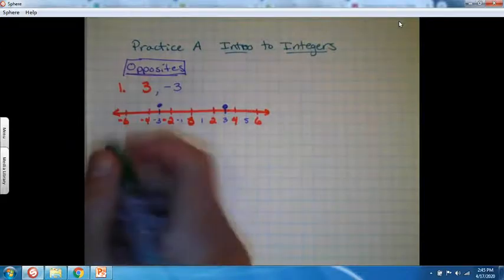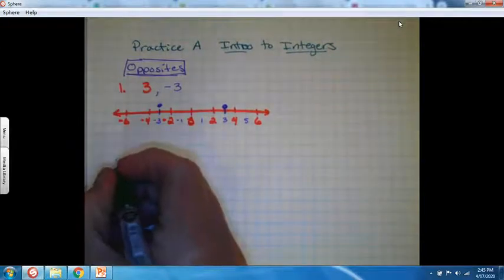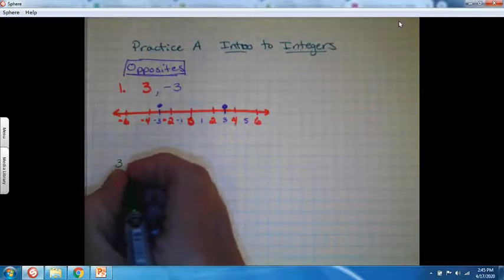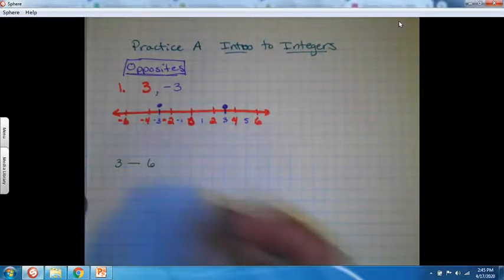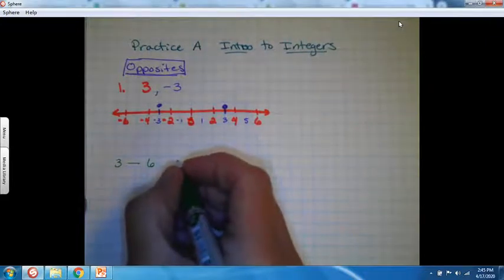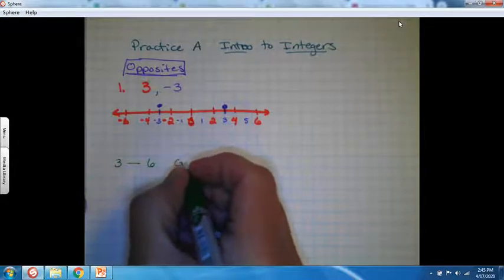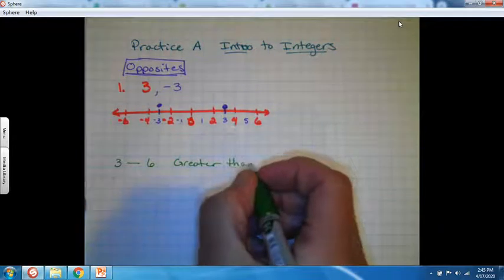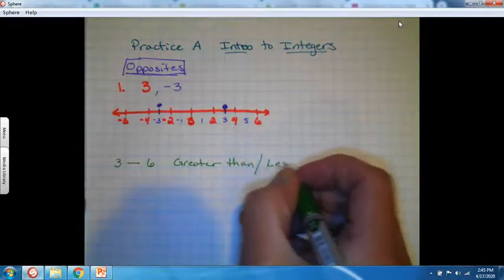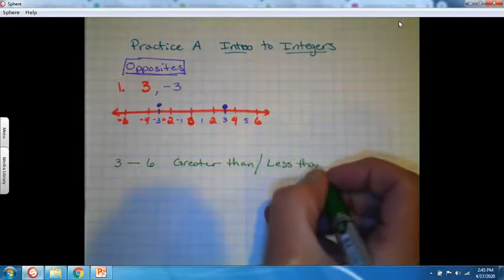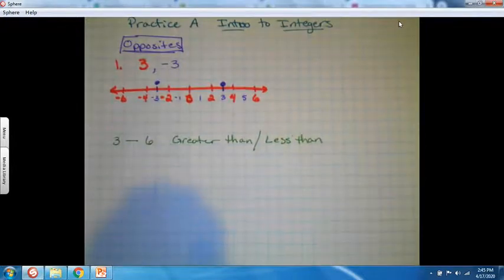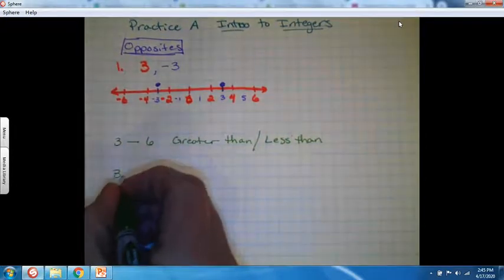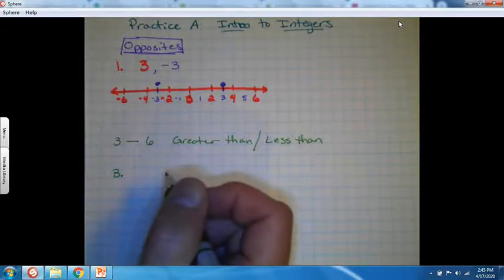So number 3 through number 6 is greater than or less than. Number 3 looks like this.